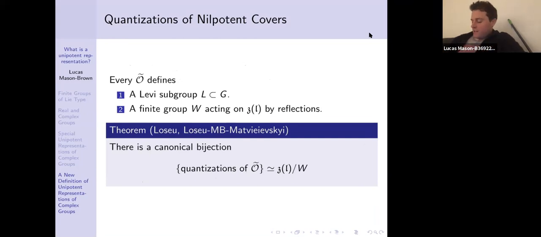And there is a canonical bijection between isomorphism classes of filtered quantizations of O tilde and W orbits on the center of L. So this result was proved for orbits by Ivan Losev, and then for covers by his student Matviichuk. And then in our ongoing joint work, we proved that the resulting bijection is canonical, which is not completely clear from the original construction.